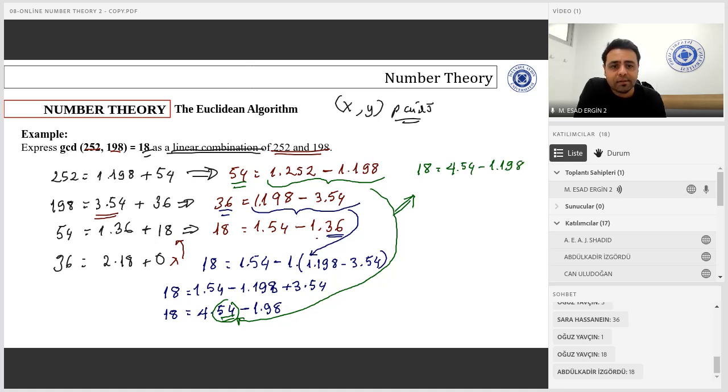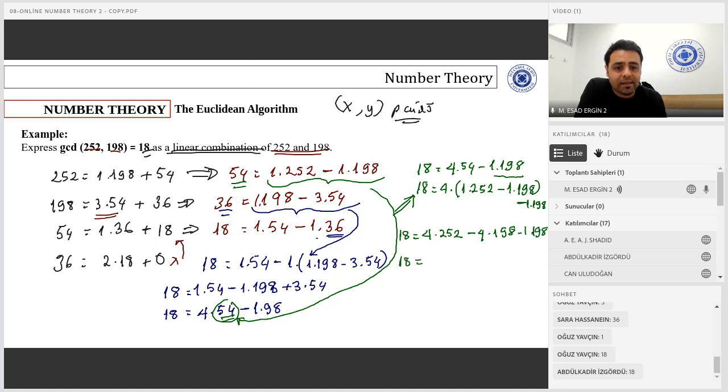So I'm going to rewrite as 18 equals 4 times, what the 54 is, 1 times 252 and minus 1 times 198, and minus here 1 times 198. So here we can say 18 equals 4 times 252 and minus 4 times 198 and minus 1 times 198.